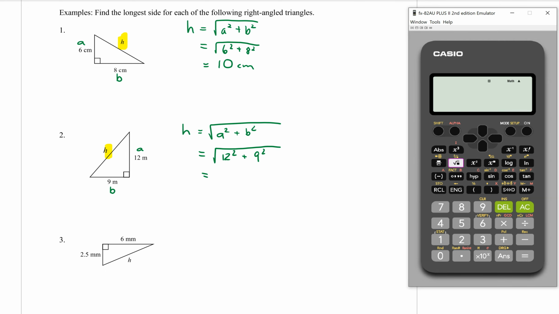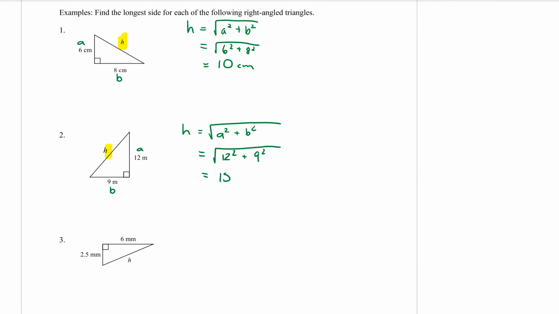Square root 12 squared plus 9 squared equals 15. 15 what? Meters. Yes, don't forget the units. Good job. Not all of them work out to be nice whole numbers, but so far we've got some nice ones there. Let's try question 3.